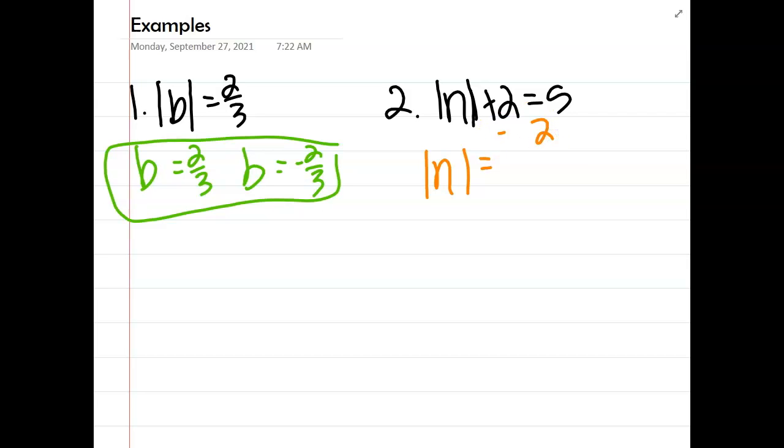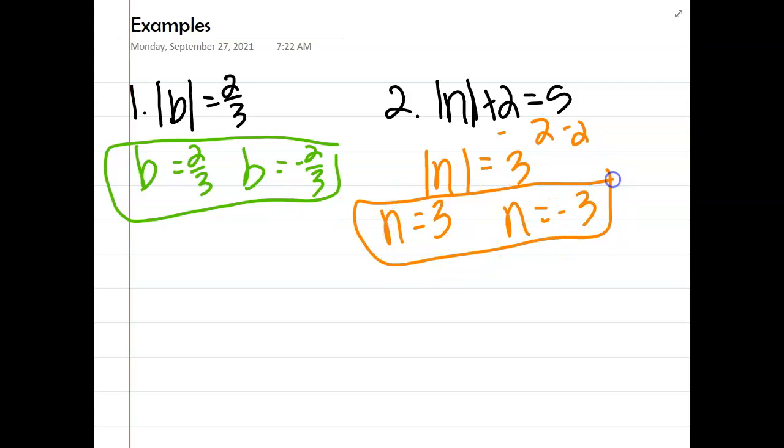Yeah, subtract 2. So we have the absolute value of n equals 3. Once your absolute value is isolated, now you can say, okay, something has an absolute value of 3. Another way of asking that, if I start at 0 and I were to take 3 steps, where could I end up? Negative 3 or positive 3. So whatever is inside here could equal 3 or it could equal negative 3. Well, what's inside there is just an n. So n could be 3 or n could be negative 3.